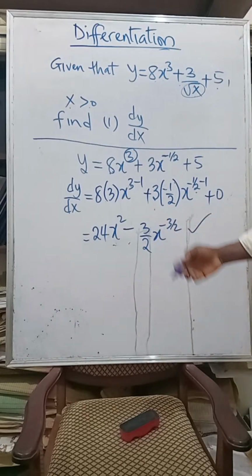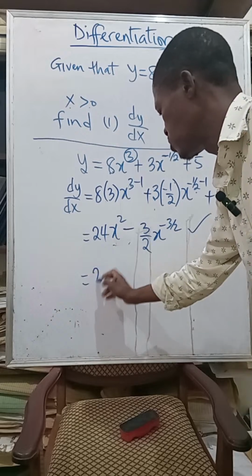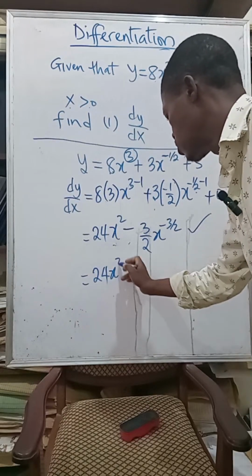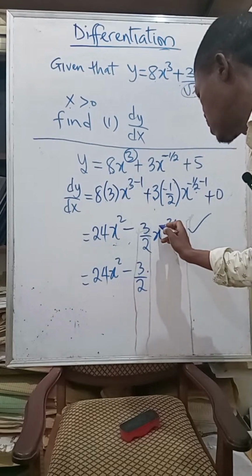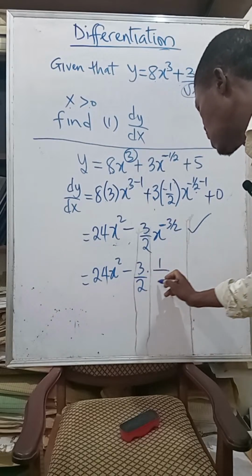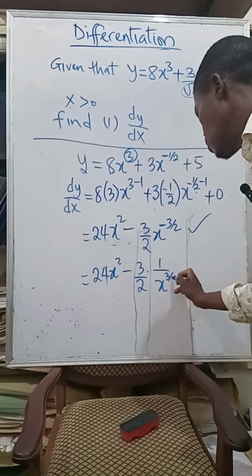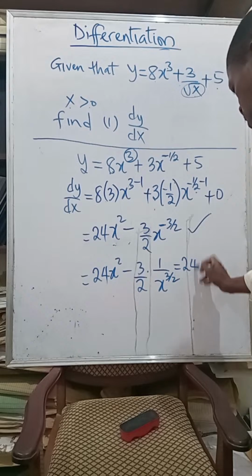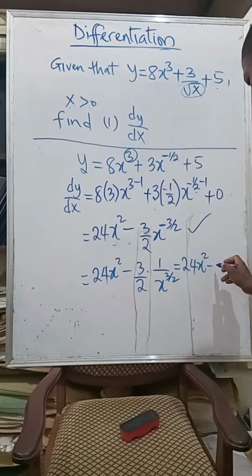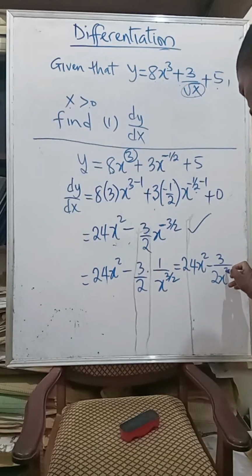But we can go on and do the algebra. That will be minus 3 over 2 times, this minus is 1 over x to the power 3 over 2, and that will give you 24x squared minus 3 over 2 x to the power 3 over 2.